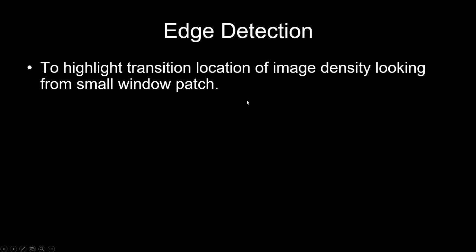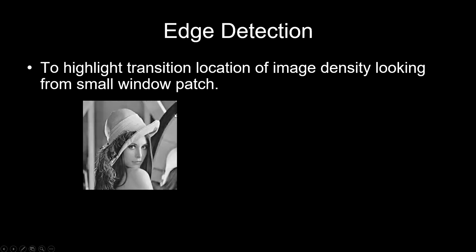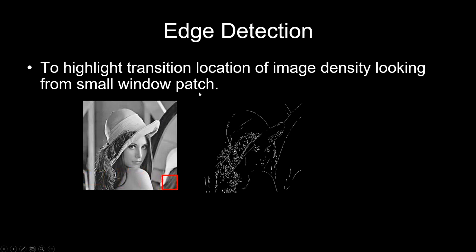The aim of edge detection is to highlight the transition locations of image density, looking from a small window patch. What this statement means is that, let's say you have this image. Small window patch means that you have some kernel, just a small kernel dimension, let's say 3 by 3, 5 by 5, and etc. And then the kernel will be slid throughout the image, and later on we will find the transition locations.